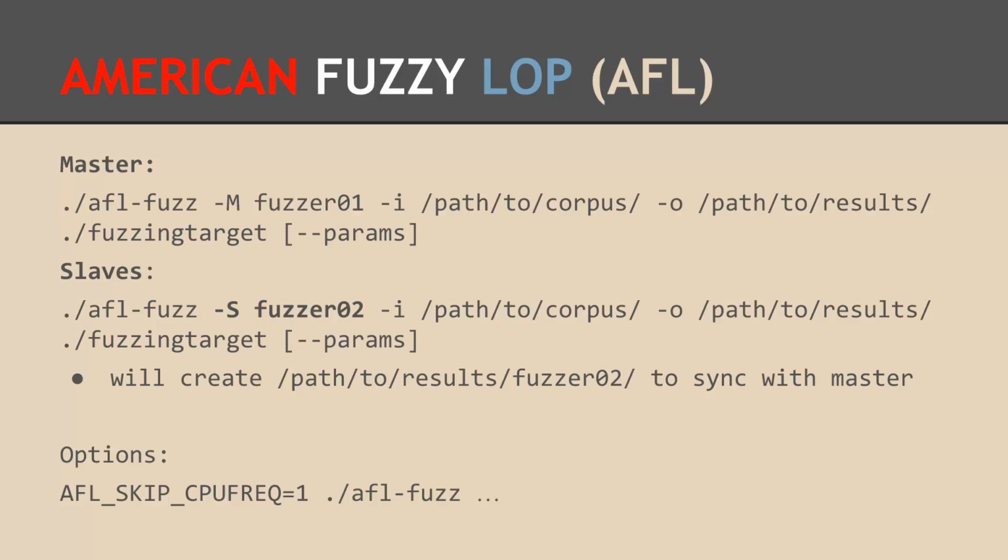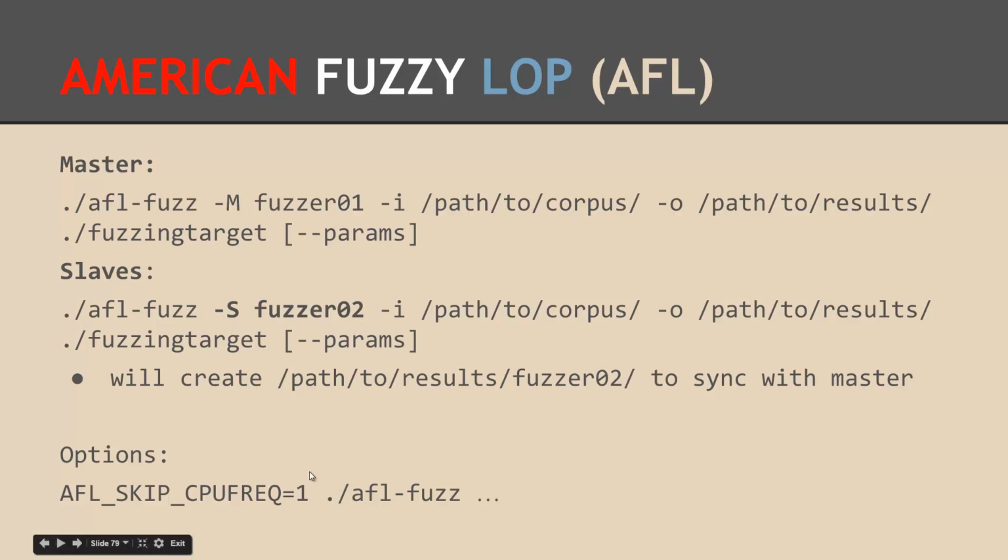Now, there's a way to get multiple AFL instances to work together, and the way to do that is to have a single master instance, which is the -M, and you give it a name, and set up the rest of the inputs corpus and the output result file, and what the binary, the application under test is, and any parameters it may have, and then the slaves that work with the master are all designated with -S, and each have to have a unique name.